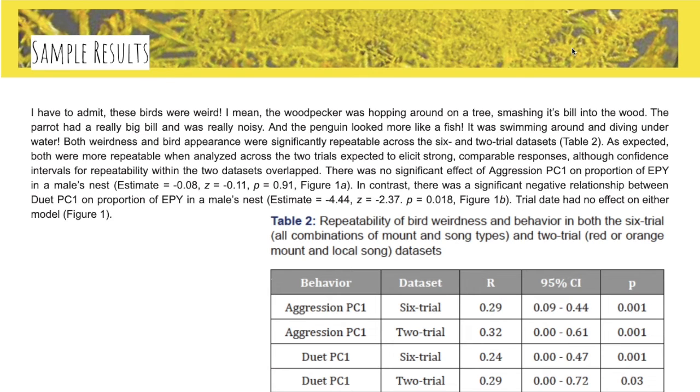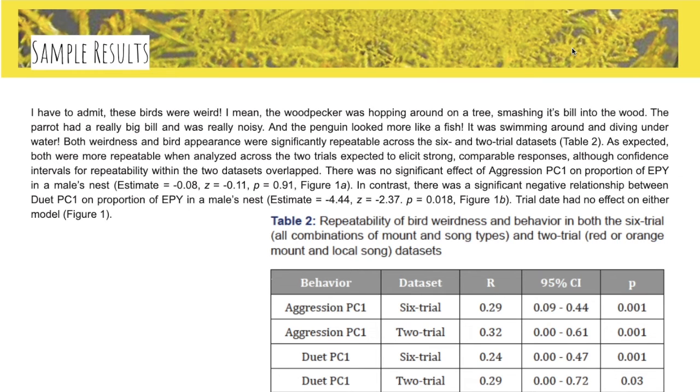Both weirdness and birds' appearance were significantly repeatable across the 6 and 2 trial data sets. Table 2. Now see the way they've referred to their table? That's what you need to do to refer to your tables and your figures. You write your sentence and then you support it with the table or the figure. As expected, both were more repeatable when analysed across the 2 trials, expected to elicit strong comparable responses, although confidence intervals for repeatability within the 2 data sets overlap.